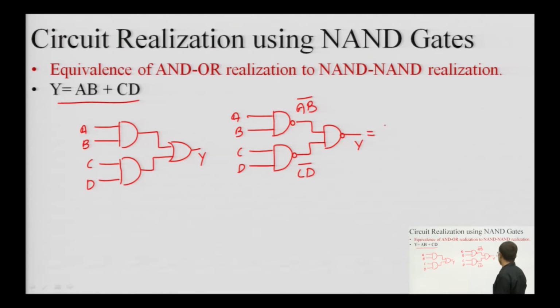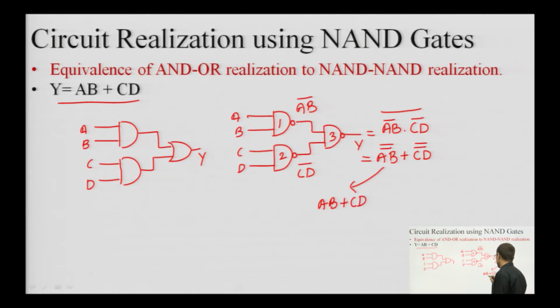If I label the inputs 1, 2 and 3, then to this third NAND there are 2 inputs: the first is ab bar, the second is cd bar, and both these will be multiplied and further there will be a complement. If I apply De Morgan's theorem on this, then I get ab double complement, this dot will change to plus, and cd double complement, which is equivalent to ab plus cd only.